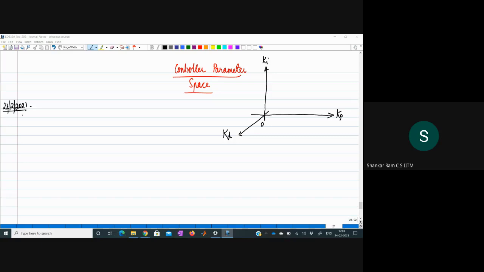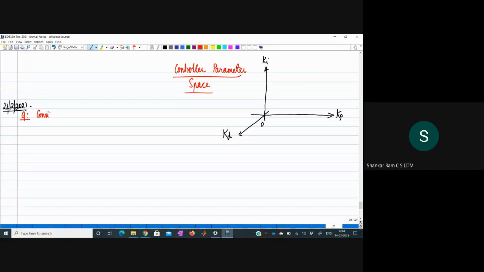So today's class, I'm going to start with the answer to your question which I posed to you, right? So that is, how do we convert a performance specification into regions of closed loop poles, right?